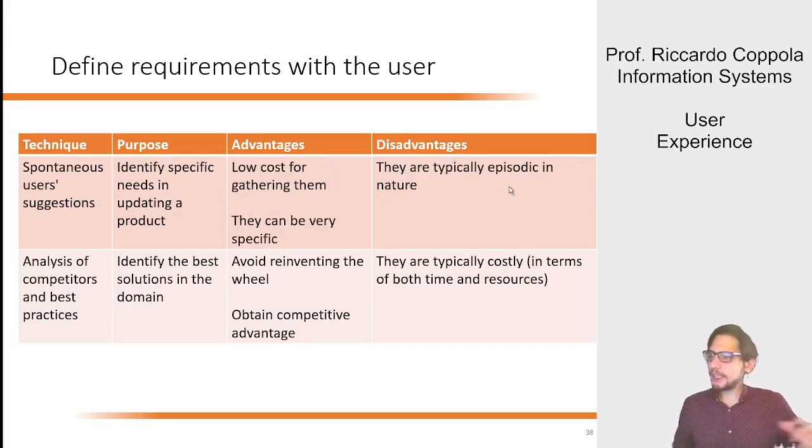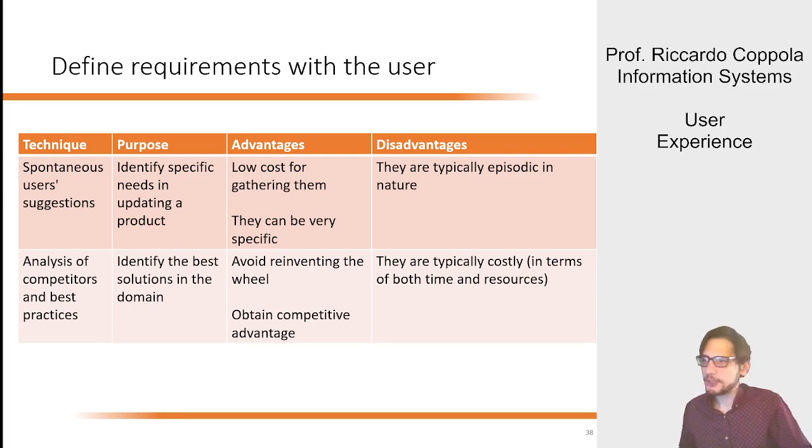Finally, I can have spontaneous user suggestions, or at least I can dream of having them, because actually, for instance, when you have a mobile application and you can have the rating and you can provide some feedbacks or some reviews, it is actually useful. The advantage is that it is for free mostly because you get feedbacks from your user, and they can provide very specific details about your system.